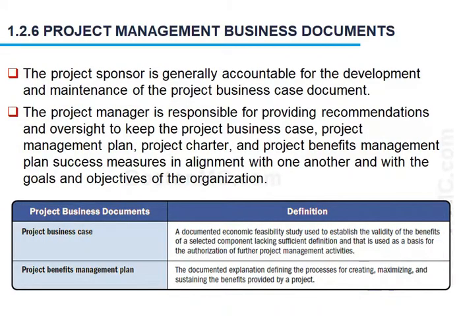Next, we have the business documents that are used in project management. Mainly, there are two documents that we use related to the business. Number one, the project business case. This usually happens before a project starts. A study is done to validate the value of that project, to give justification for it, and there are promises of the benefits that we will get out of this project, as well as estimates of the cost and the risk associated with going on with the project.